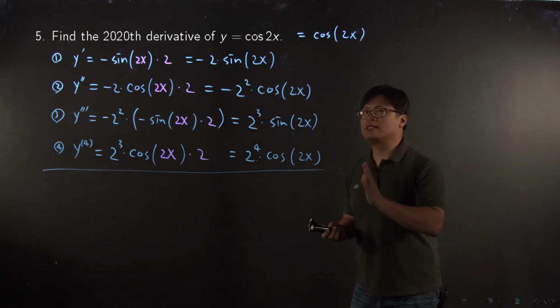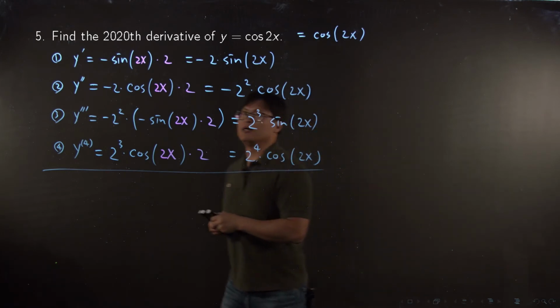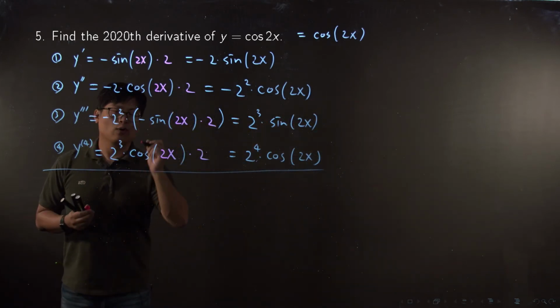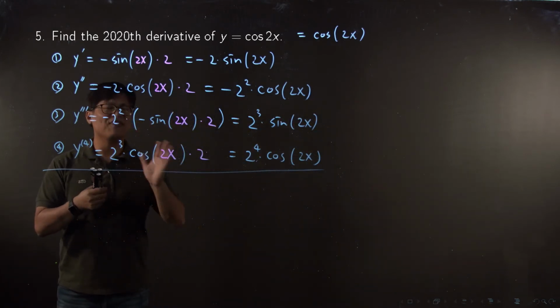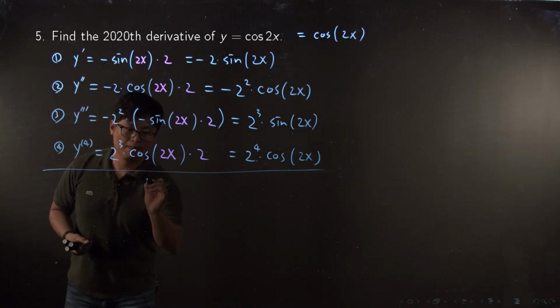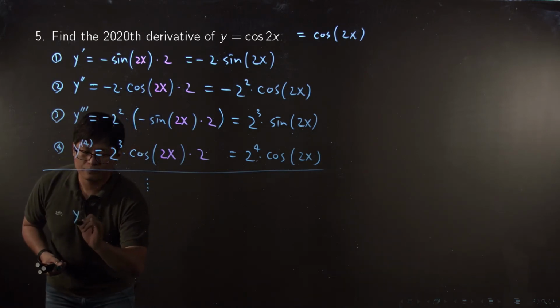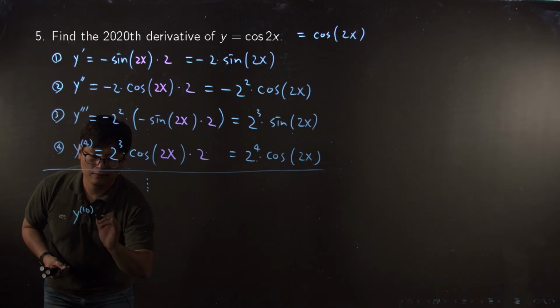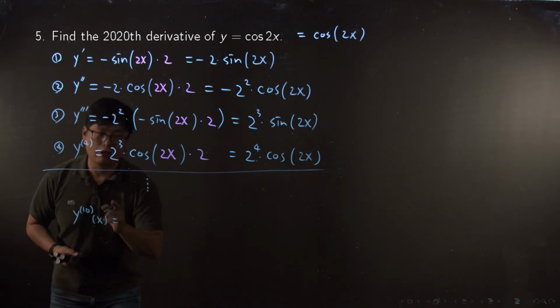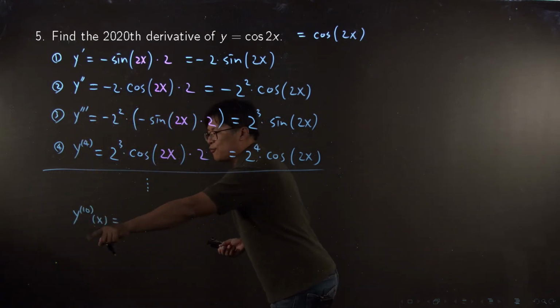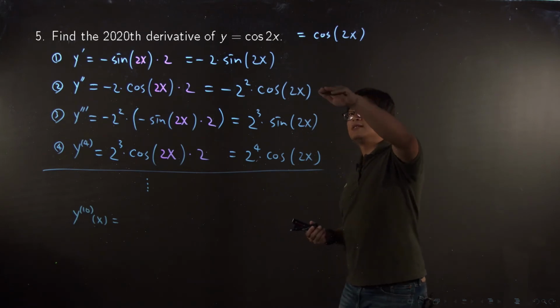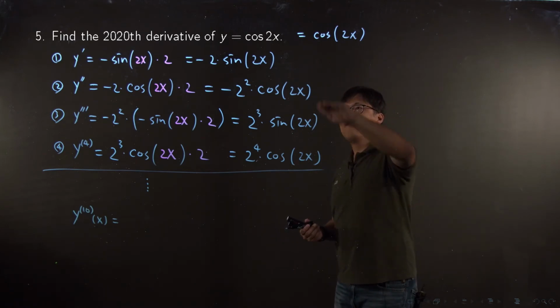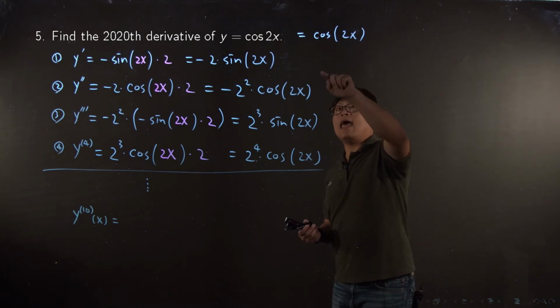For practice, let's try to find y to the 10th, I mean the 10th derivative of function y. Can you guess? It is the 10th, right? First, second, third, fourth, fifth, sixth, seventh, eighth, 9, and 10.